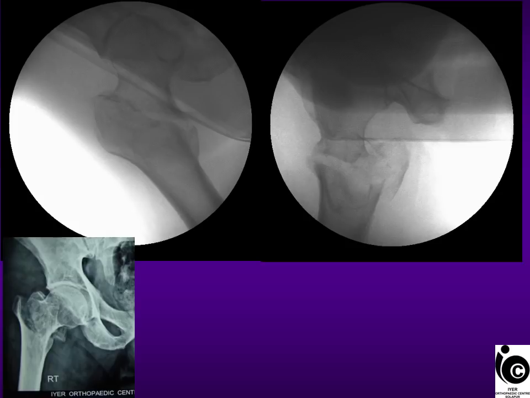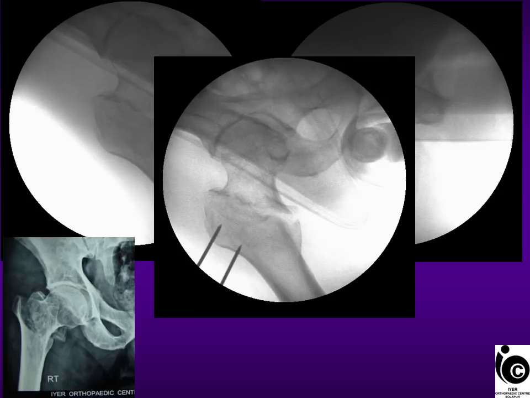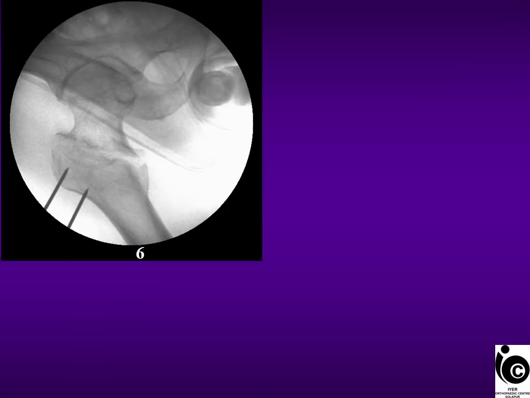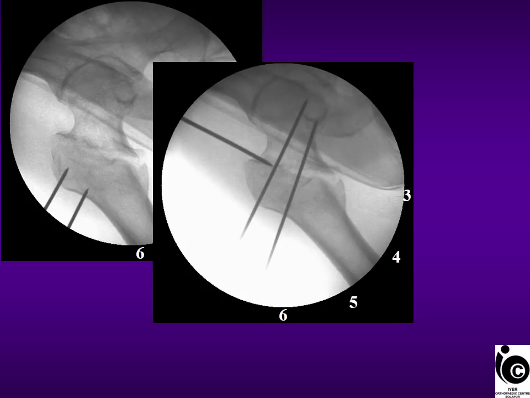Here is an example of an undisplaced fracture. The steps of the surgery: always fix with two K-wires which are very accurately placed. Once you fix the fracture, you can adduct the limb. You can see the previous picture, the adduction of the thigh has been done. I always advocate a much more medial entry.